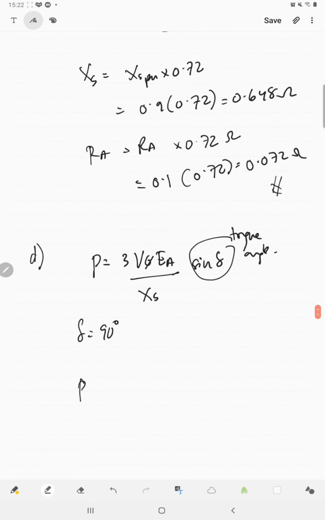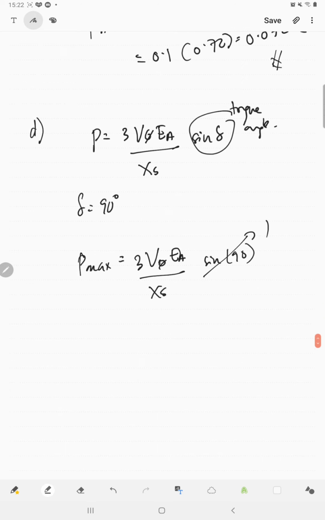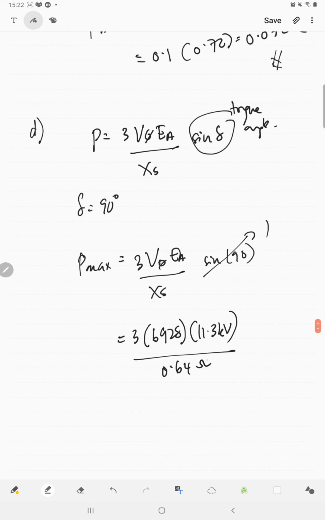So maximum power is 3 V phase EA divided by XS, because sine 90 goes to 1. So we get 3 times 6928 times 11.3 kilovolts divided by 0.648 ohm, and this will give you 362 megawatts.